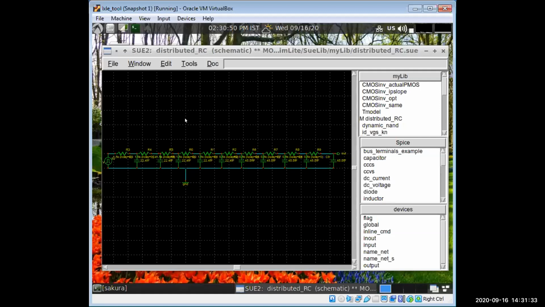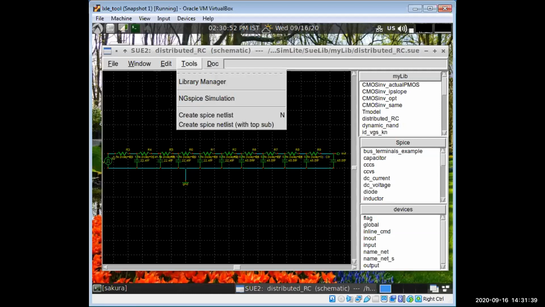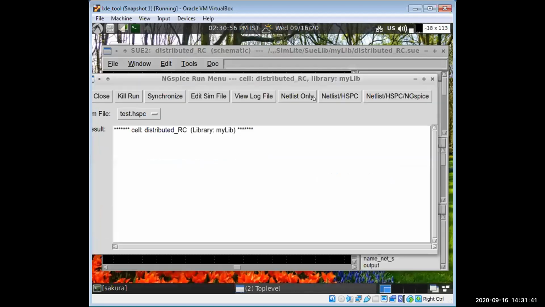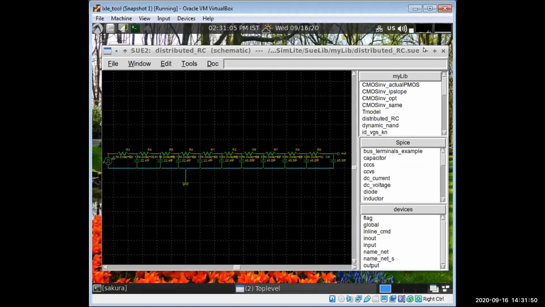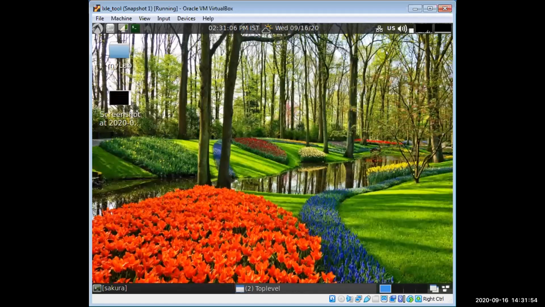So now let's save it, then do the ngSpice simulation. You can go to the edit sim file, or else you can run the netlist/sspc. It will show you the output location. Then go there. So let's go to the output location.